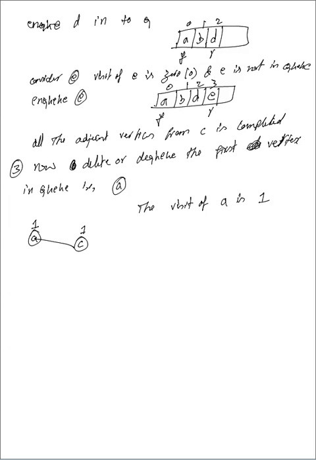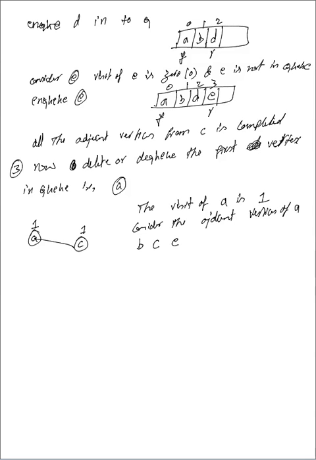Then what you have to do, consider the adjacent vertices of A. What are those for A? That is B, C and E, right?